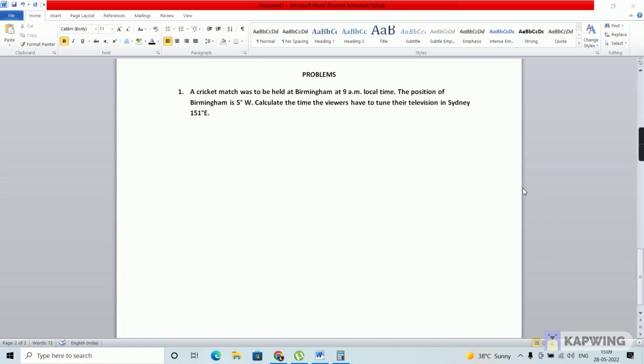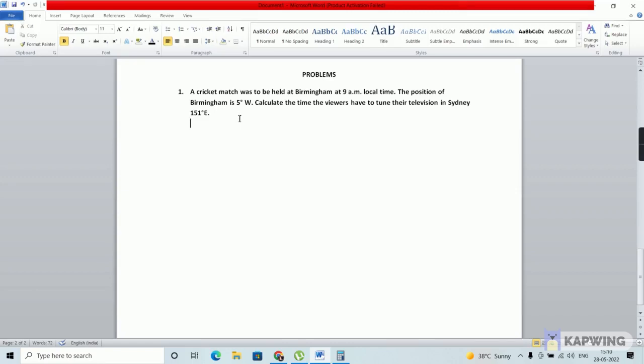First, you have to note the directions in which these two places are located. Birmingham is located towards the west of the GMT, while Sydney is located towards the east of the GMT. Since they are in two different directions, we have to add the longitudinal values of these two places.